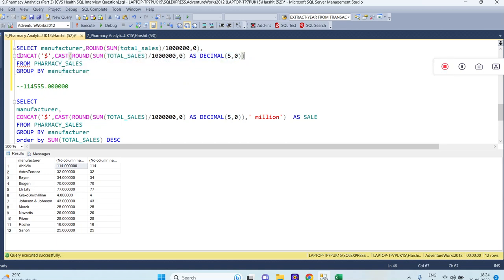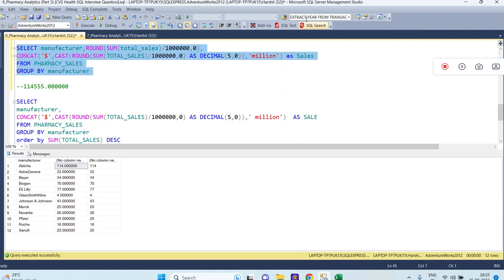And then I want million after the digit, right? 113 million. So I have done million. So concat is using three parameters: this is the first one, this is the second one, and this is the third one. And then we can give an alias.